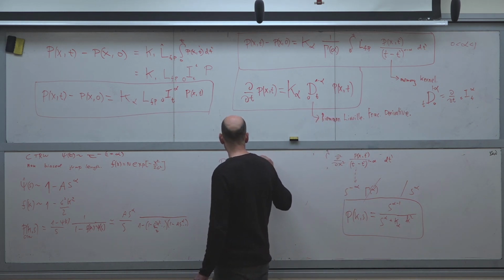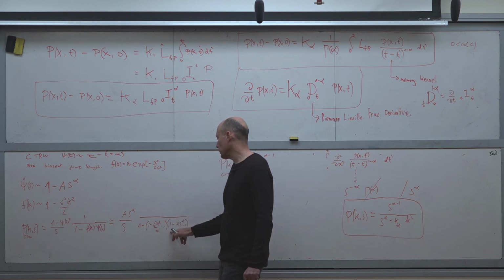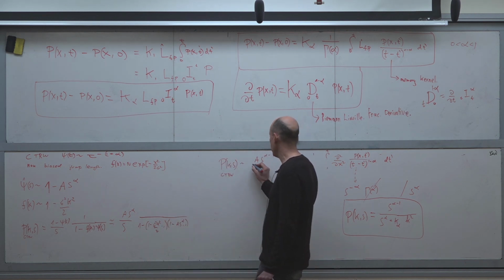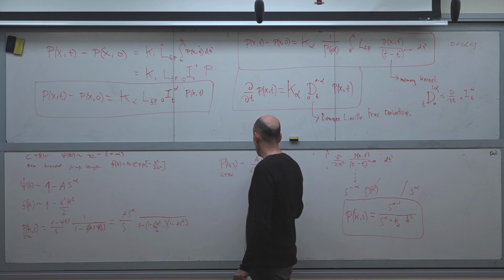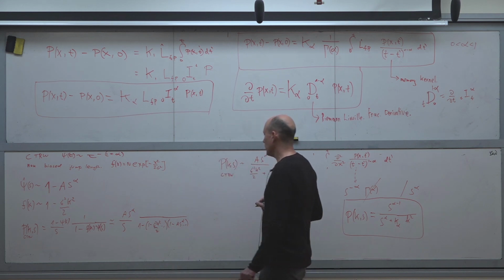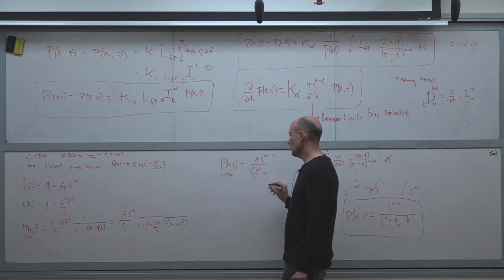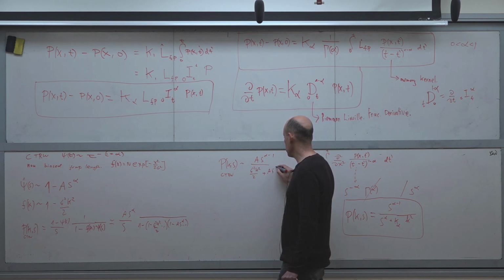This is s^(alpha minus 1). You see I have 1 times 1 is 0. Here I have sigma squared k squared over 2, plus just leading order terms I'm taking here, a s to the alpha.